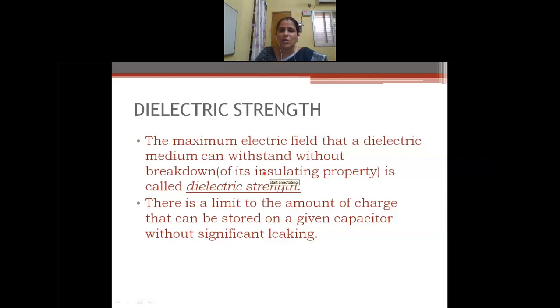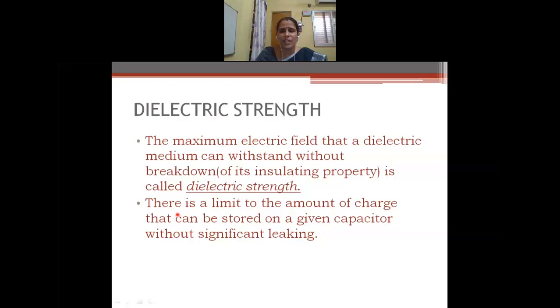So the maximum electric field that a dielectric medium can withstand without breakdown, that is without losing its insulating property, is called dielectric strength, and this is different for different materials. Once breakdown takes place, that dielectric medium may behave like a partial conductor.